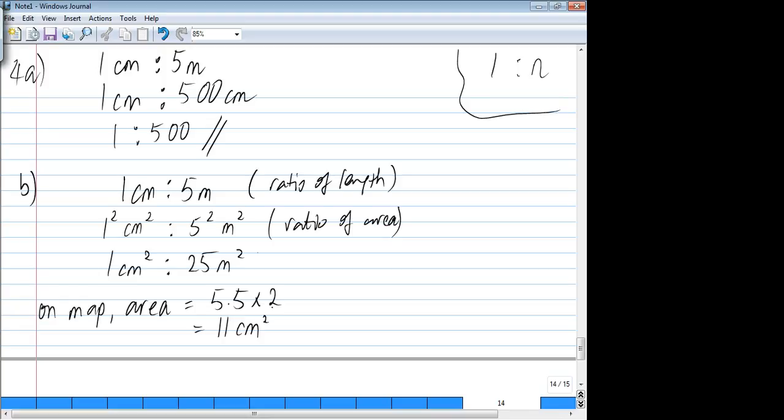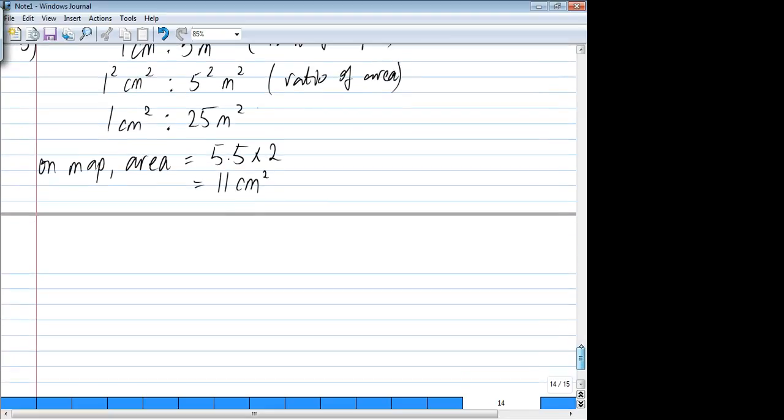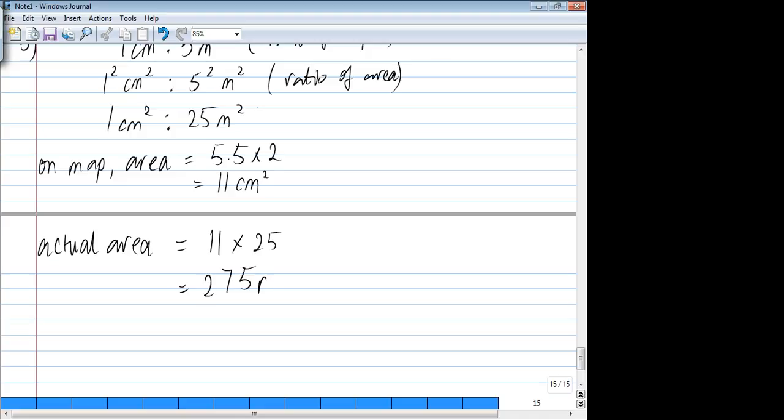So in reality, the actual area must be, 1 square centimeter represents 25 square meters, right? So 11 square centimeters must represent 11 times 25, and that gives us 275 square meters. That is in reality.